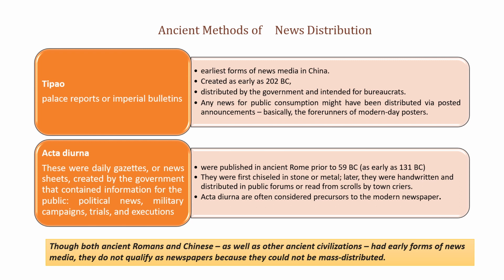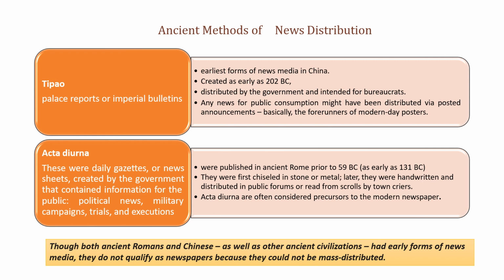Then we move to Europe, where acta diurna is considered one of the ancient methods of news distribution. What was acta diurna? These were daily gazettes or news sheets which were created by the government, and they contained information for the public. Political news, military campaigns, trials, executions, all were mentioned in this.